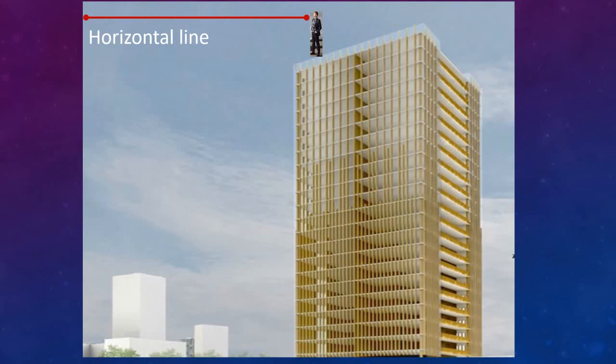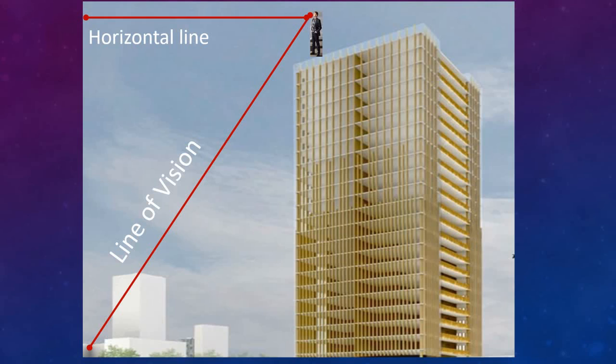But when he is looking down at an object, the line that forms between the object and the observer is called the line of vision. Between the horizontal line and the line of vision, there forms an angle. That angle is called the angle of depression. So angle of depression is formed when the person is looking below the horizontal line.